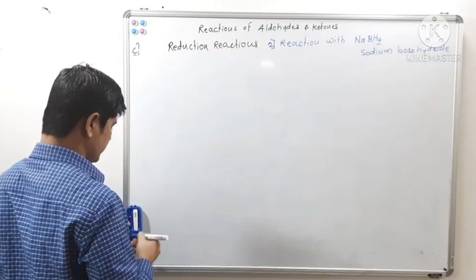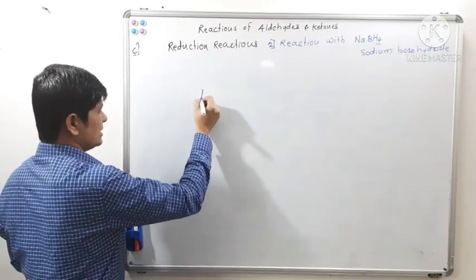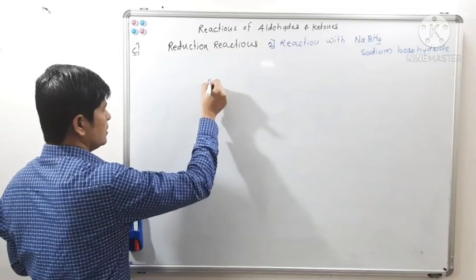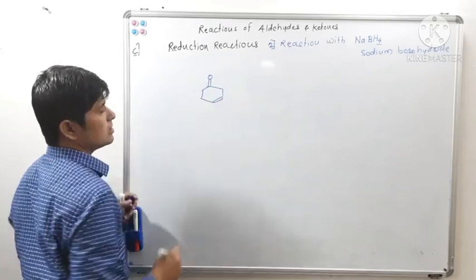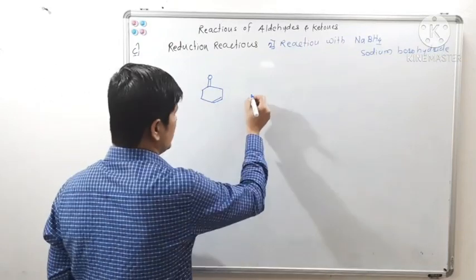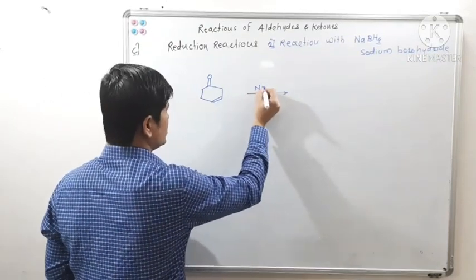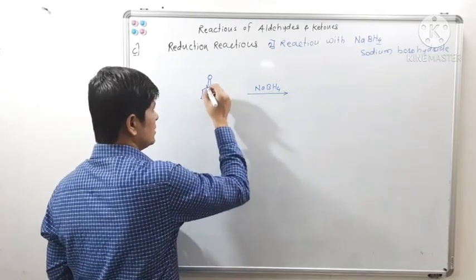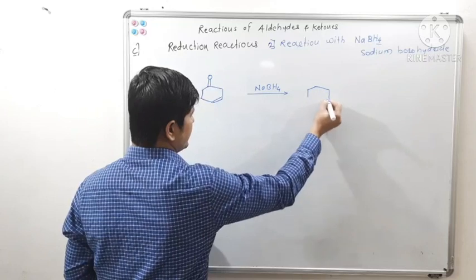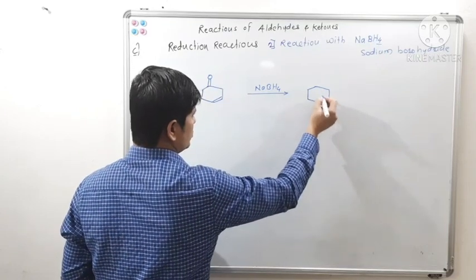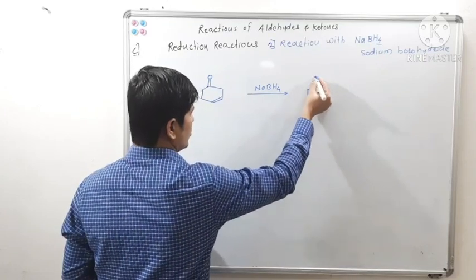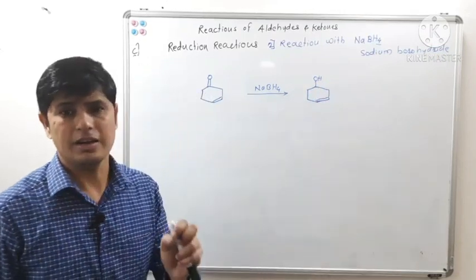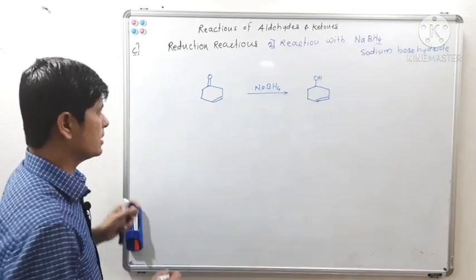See, for example, if we react this compound with NaBH4, here only the carbonyl group will get reduced to the corresponding alcohol. This carbon-carbon double bond will remain unaffected.